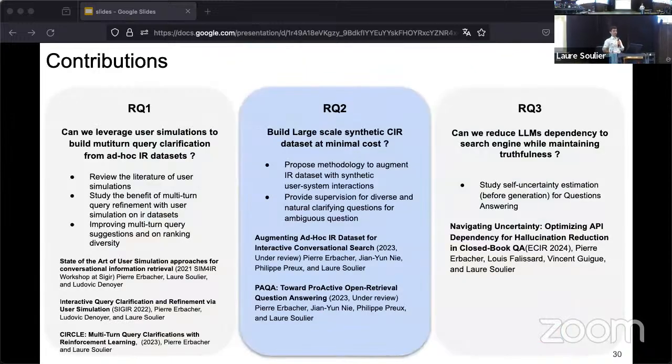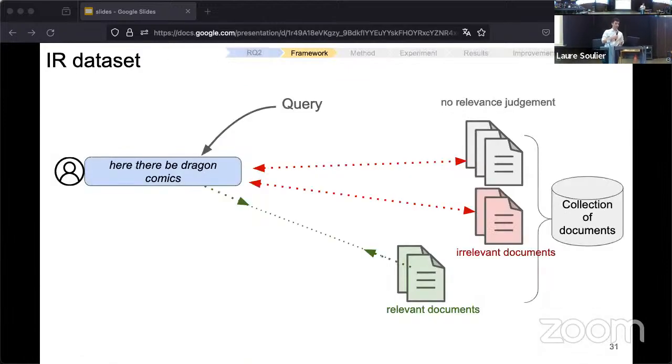So after this first work, what we wanted to do is to still rely on IR datasets, and we wanted this time to augment this dataset in order to train conversational IR models. To give a little bit of context, IR datasets are composed of queries and also of documents.